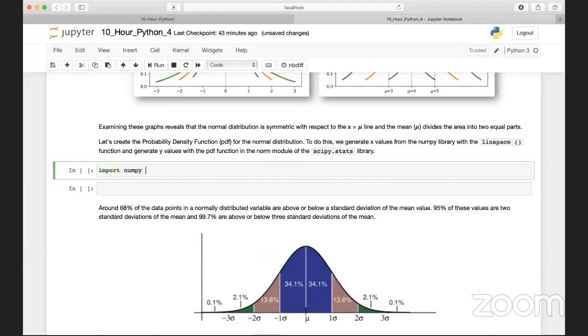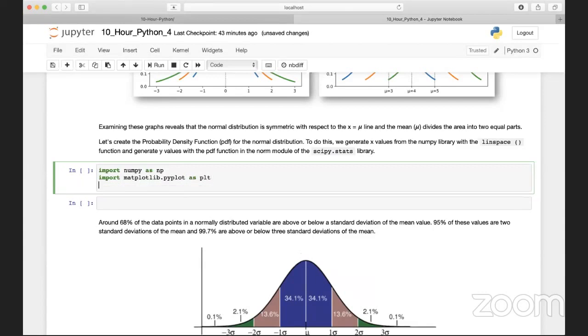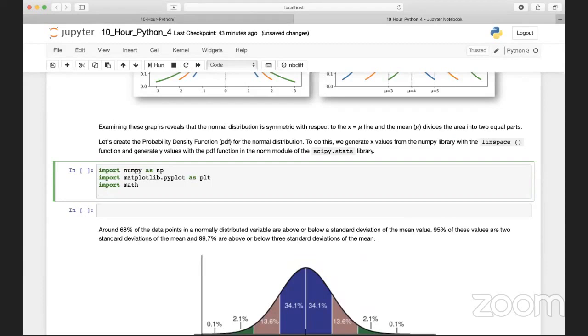I start by importing the libraries first. Import numpy as np, import matplotlib, our main visualization tool, as plt. We are going to make use of it along the way. From scipy.stats, import norm.